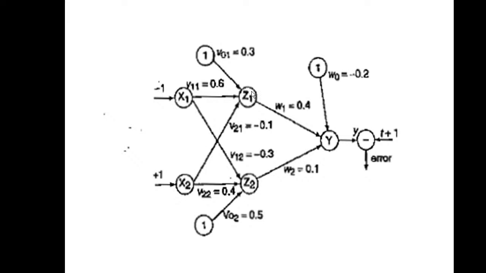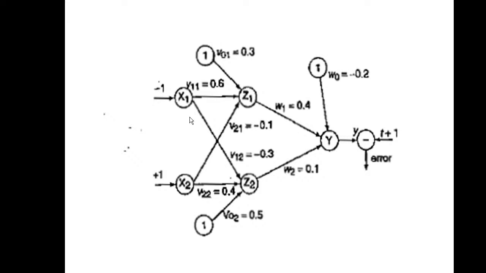From x2 to z1 it is connected via v21, which is -0.1. From x1 to z2 it is connected by v12, that is -0.3, and from x2 to z2 by v22, that is 0.4.